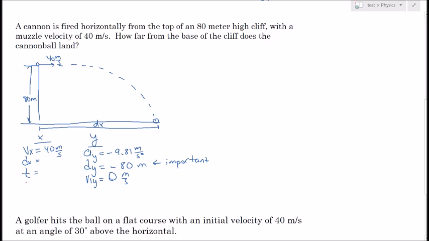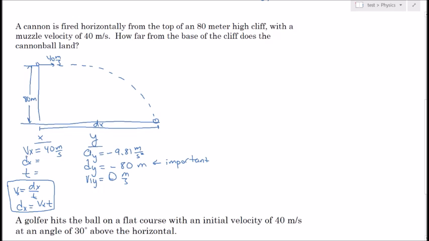Now, for the x direction, we can actually just use the basic relationship between displacement, velocity, and time, which is that Vx is dx over t. Consequently, dx is Vx times t. This is the same equation, just algebraically resolved, and one of these two will get us what we're looking for.